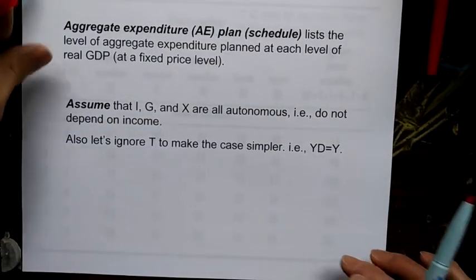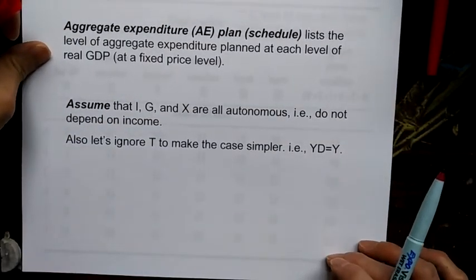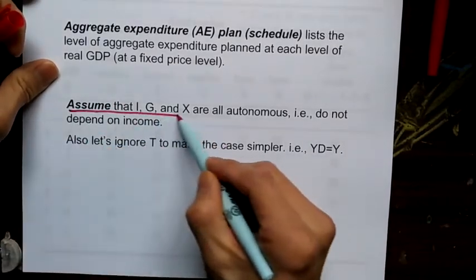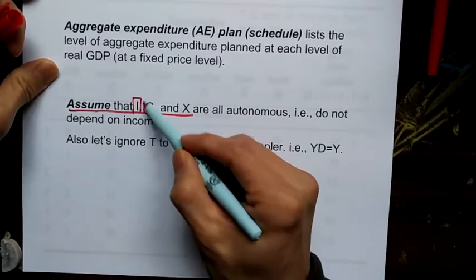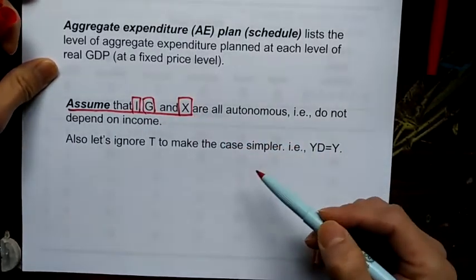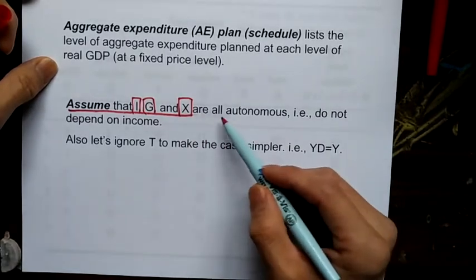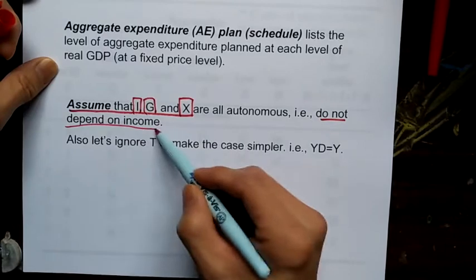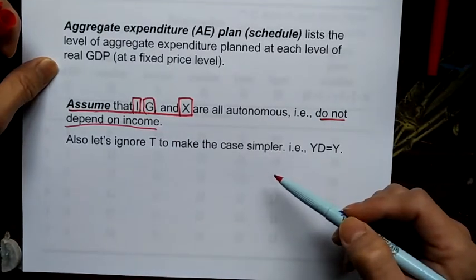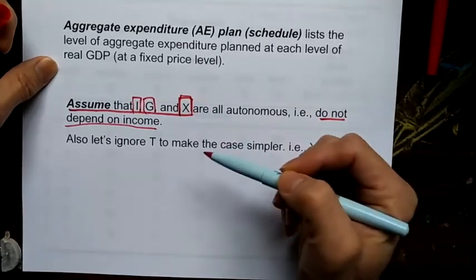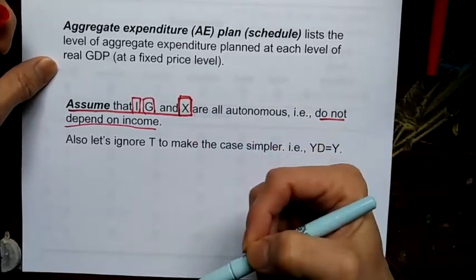Now, to make our life easier, and it is not too unreasonable, let's assume that the other three components, investment, government expenditure, and export, are all autonomous. That is, they don't depend on income. Say, for example, our export doesn't depend on our income.